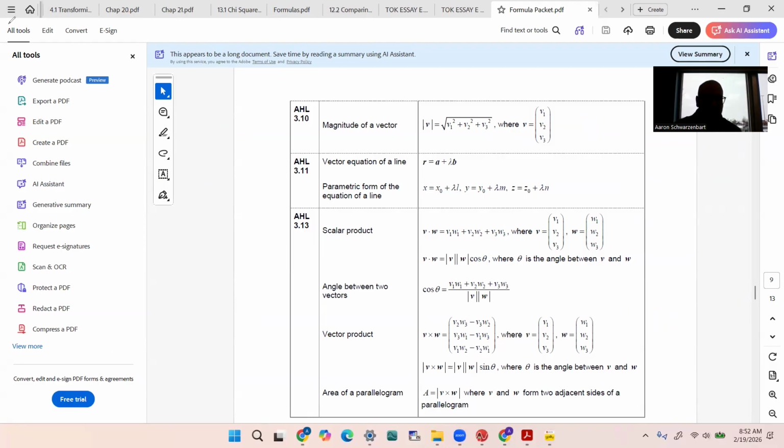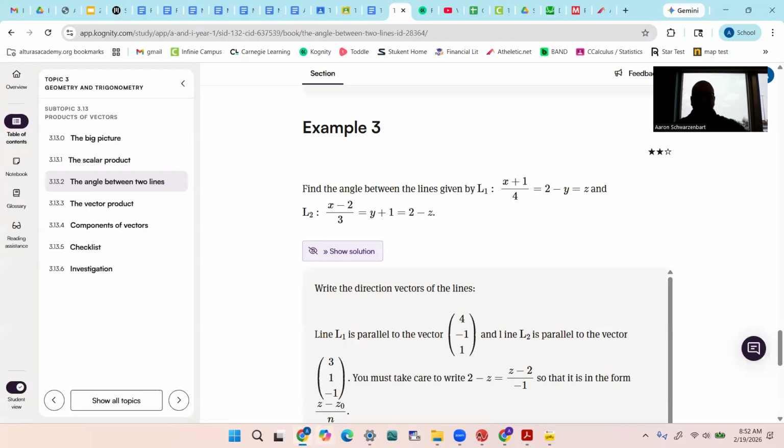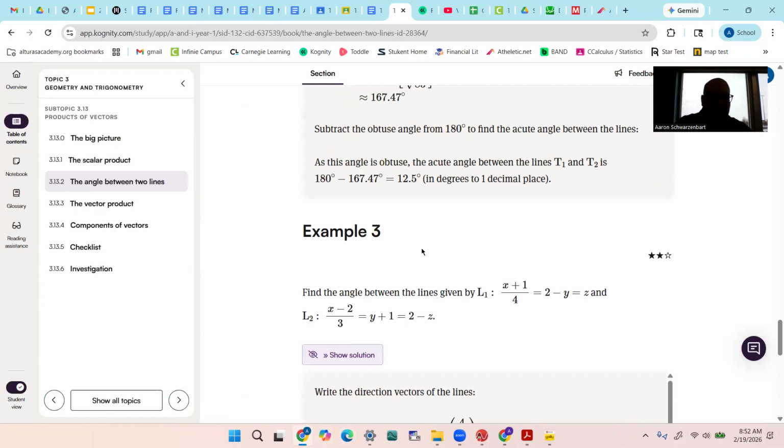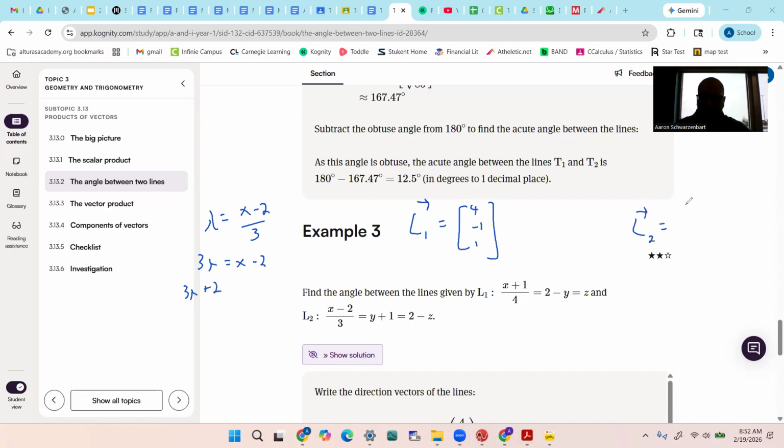So back to this. For L1, really, we just need the direction vector, 4, negative 1, 1. L2, hmm, I think it's negative 1.